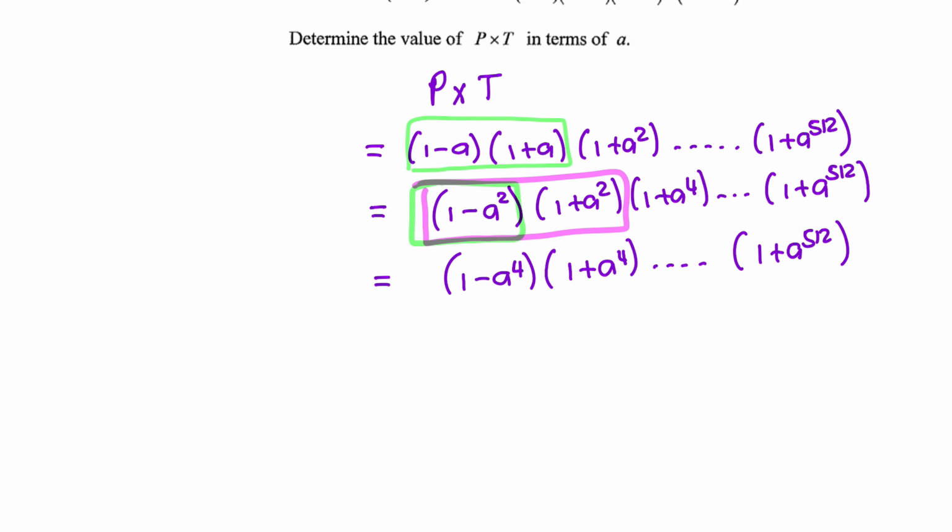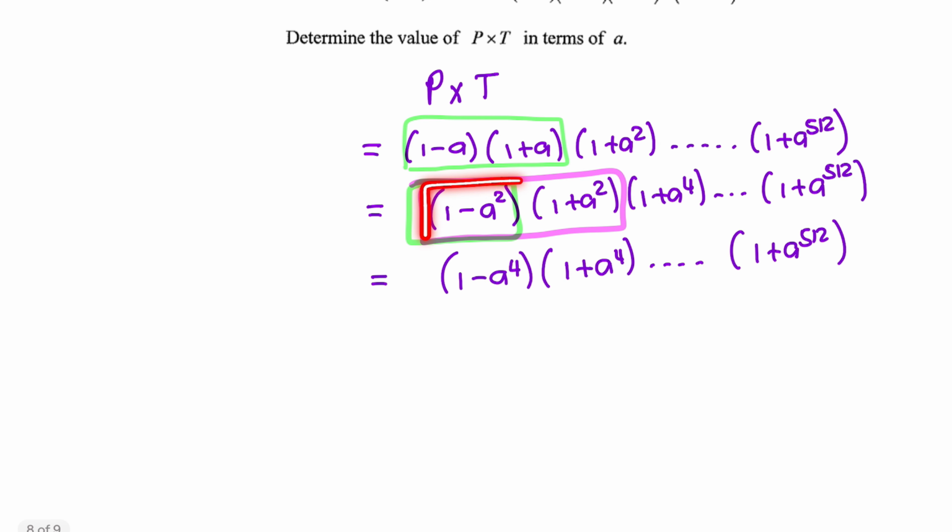So what I'm noticing is if I multiply P with T, the first two brackets create a difference of two squares. Then if I take that result and I multiply it with the next bracket, which is (1 + a²), I also have a difference of two squares. And that will continue all the way up until the last bracket. So I'm spotting a little pattern here.